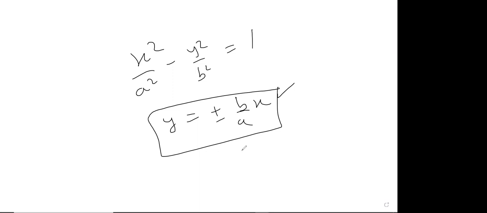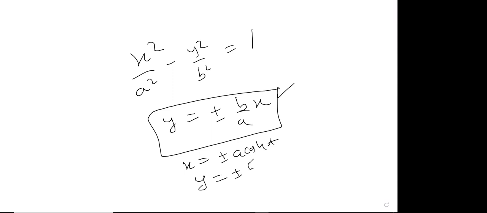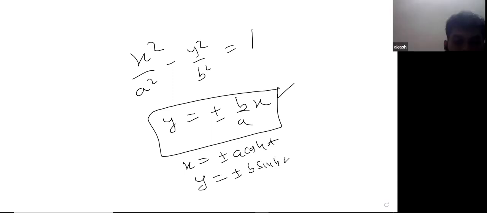Parametric equation of the hyperbola: you can write x as plus minus a cosh t, y as plus minus b sinh t.